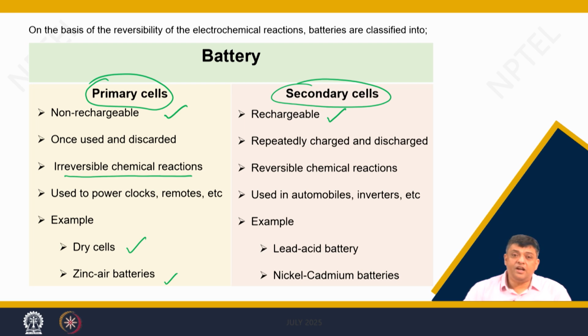Here the chemical reactions which take place are reversible in nature, and you use them in inverters, automobiles, a large number of phones, mobile technologies, laptops, wearable electronics and many other places, and you have been seeing them as lead acid, lithium ion batteries, sodium ion batteries, nickel metal hydrides, nickel cadmium and so on and so forth.